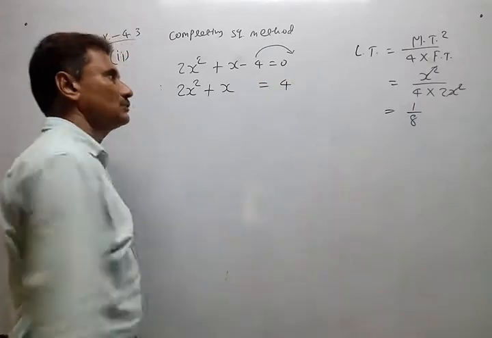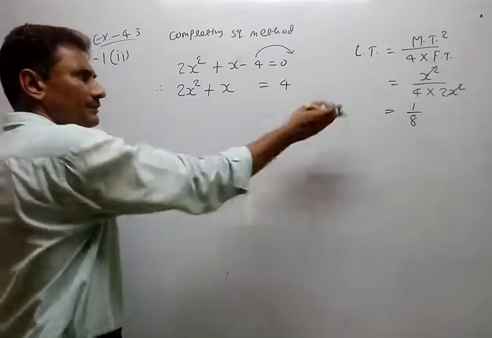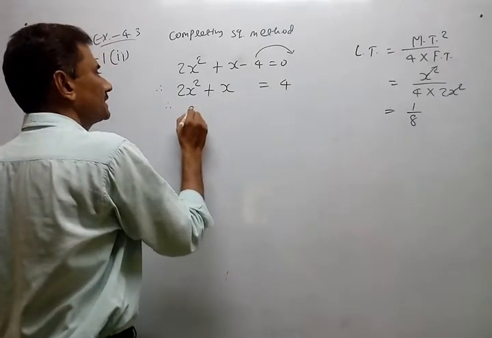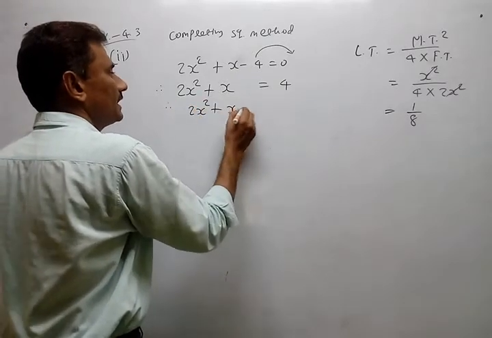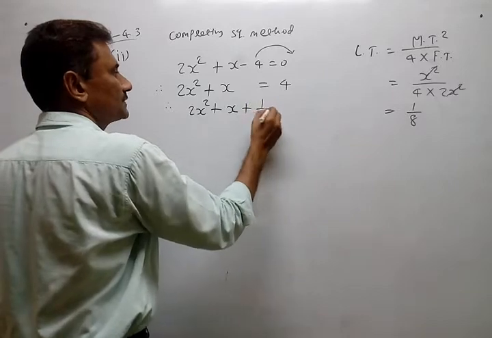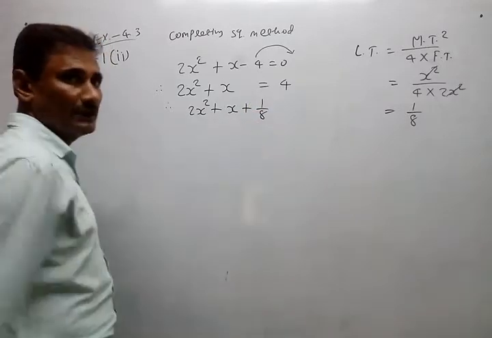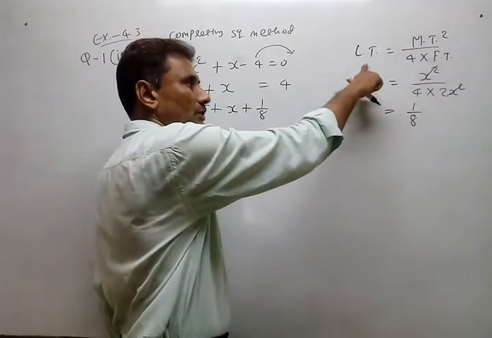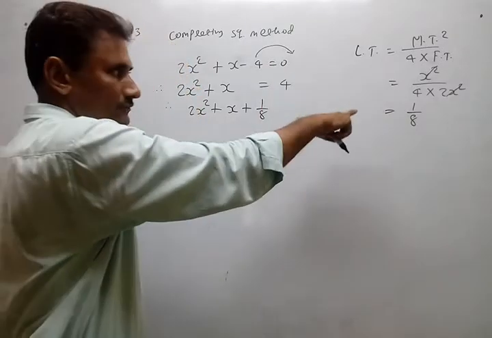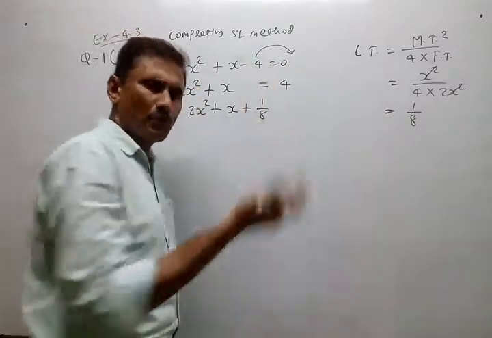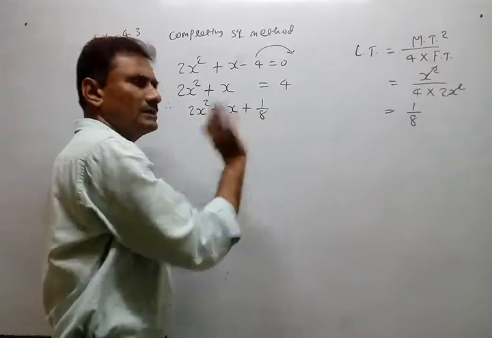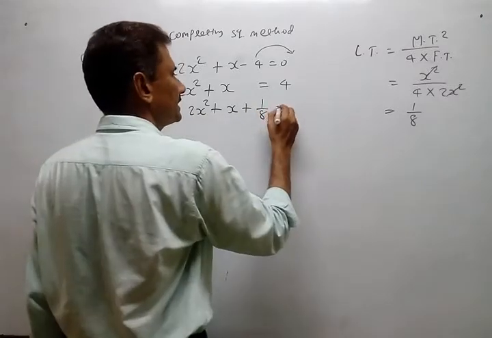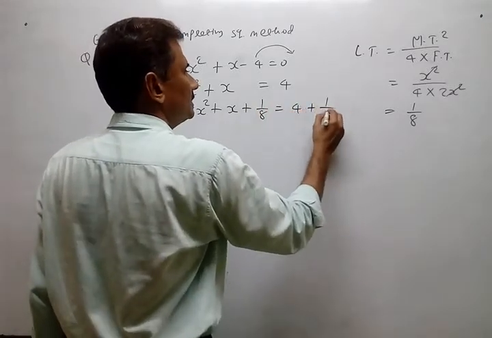Minus 4 becomes plus 4. In the next step we will add it. So 2x square plus x, and now we place that term here, because three terms should be there for a perfect square trinomial. The third term is mostly not appropriate, so we find it. If it is appropriate, then no problem, no shifting, no adding.